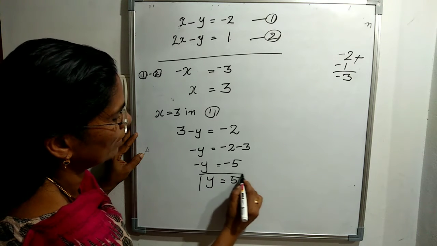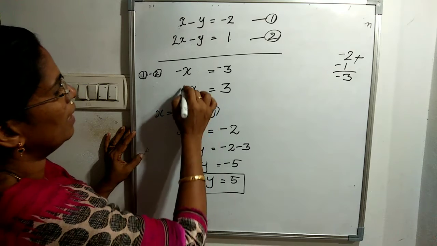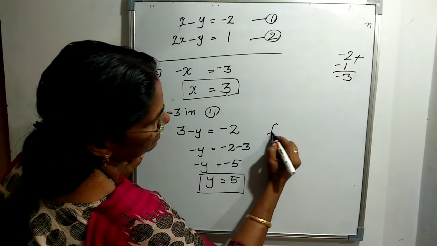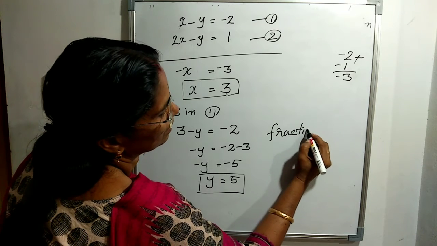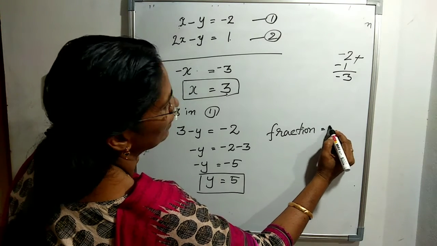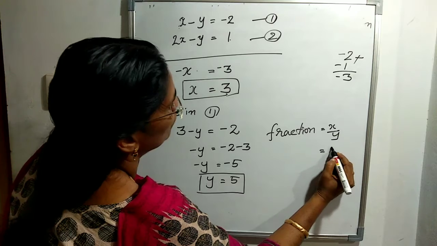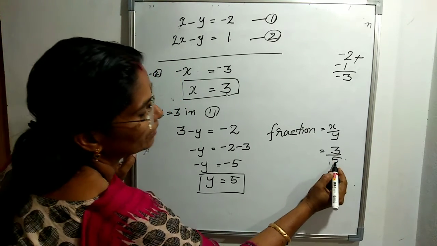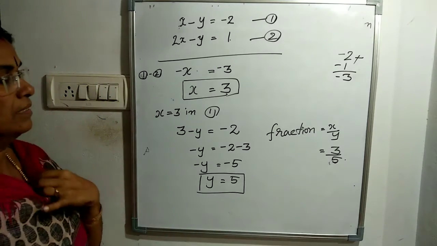So we got x equal to 3 and y equal to 5. So the fraction is x by y, that is equal to 3 by 5. This is our word problem's answer.